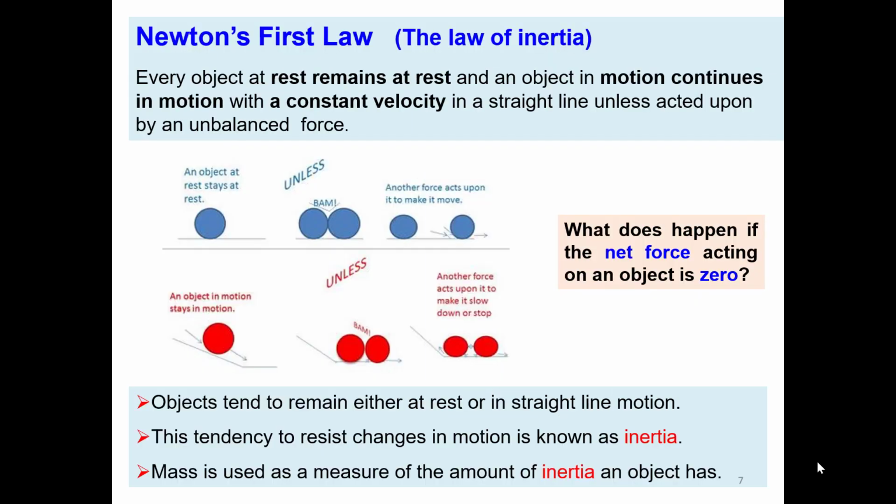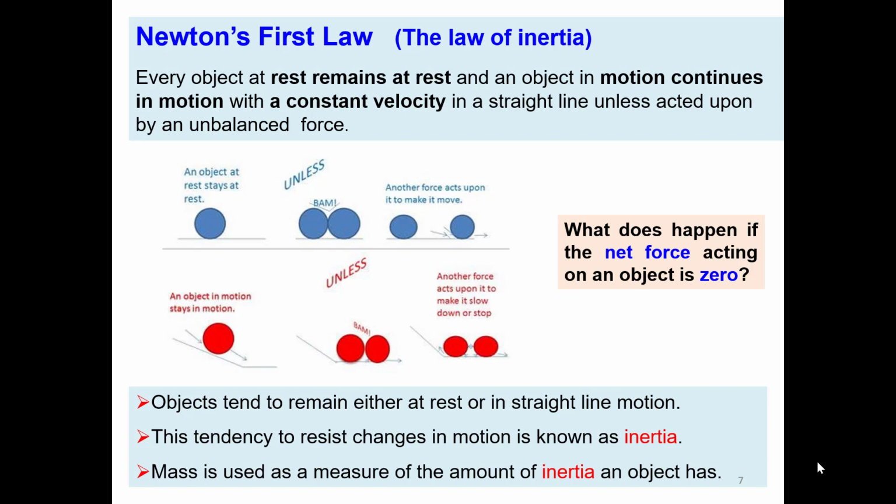Newton's first law explains that every object at rest will remain at rest, or if it's moving, will keep moving at constant velocity, if there is no force acting on the object, or if the net force equals 0.